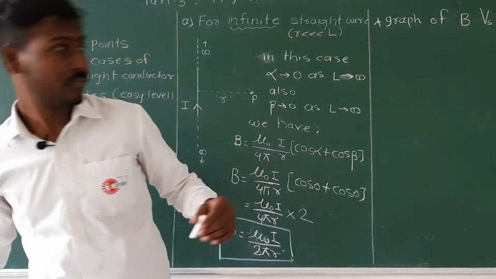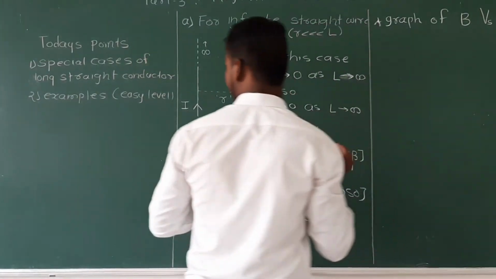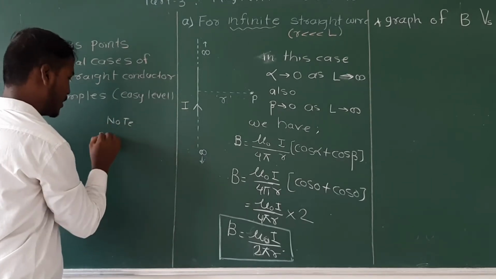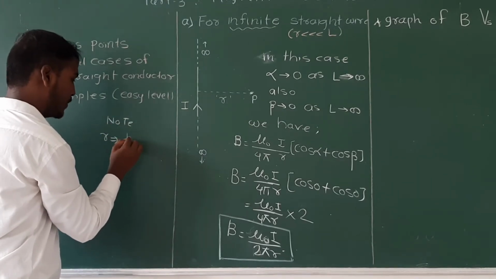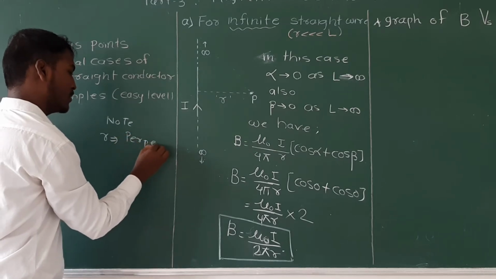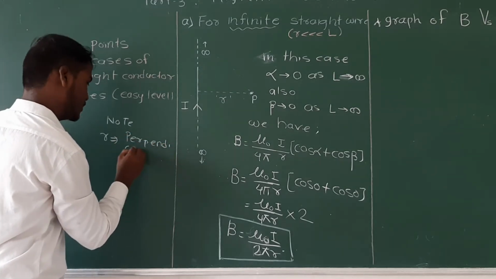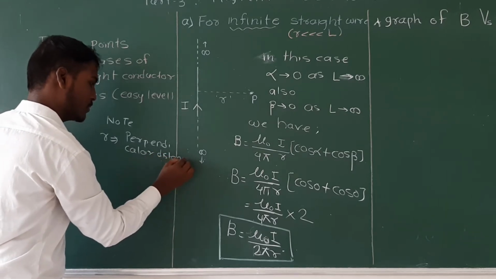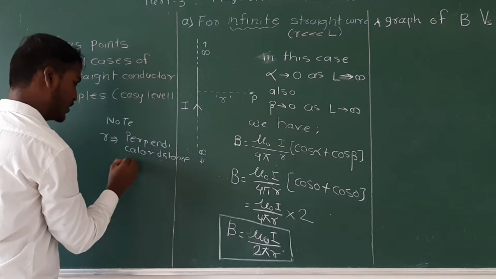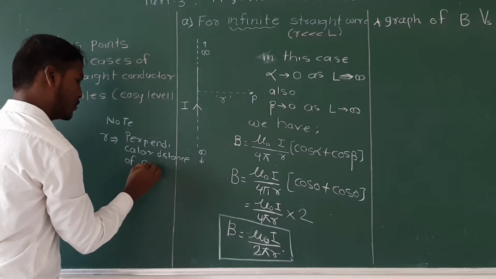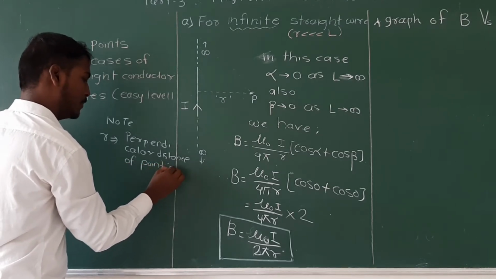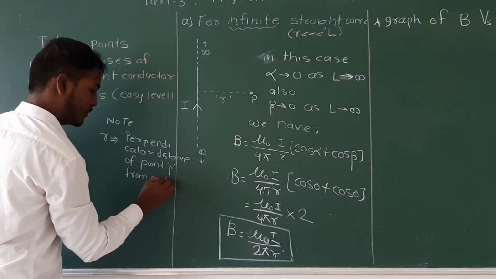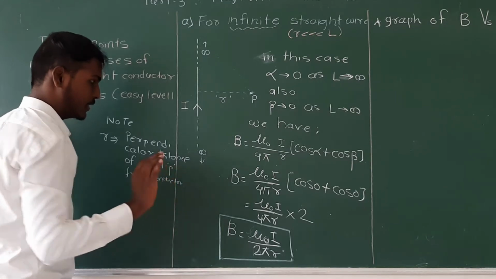Please note it down, it's very important. R is the perpendicular distance, which is the shortest distance, of point P from the conductor. That's it.